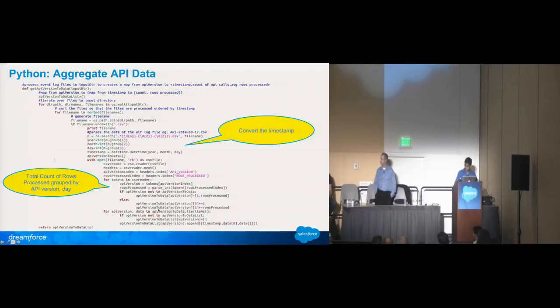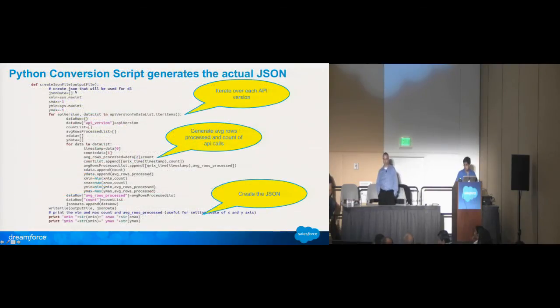So this map is basically API version to an array, and the array has three values: the timestamp, the count of API events, and the total number of rows processed. Once I return this map, I have a second function. This just generates the JSON data, and it uses the map that the previous function generated.